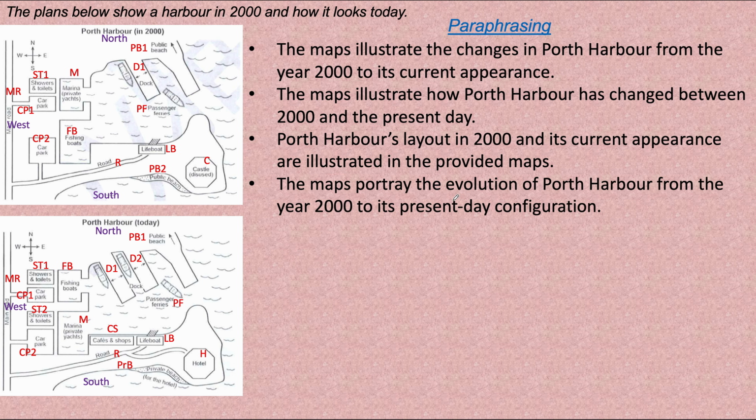This paraphrasing uses some advanced vocabulary with words like evolution and configuration. So, these are a few different ways to paraphrase the question. The aim is that we should avoid repeating the words that are used in the question. Choose whichever style works best for you.